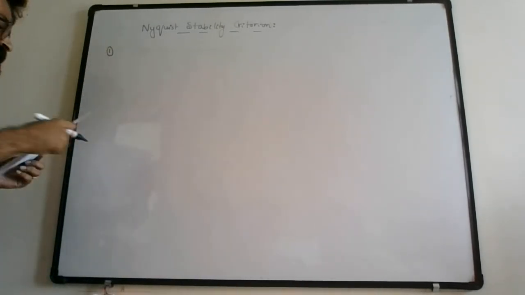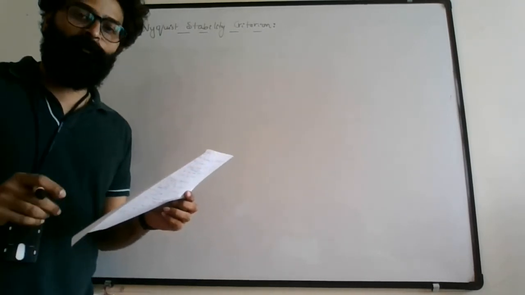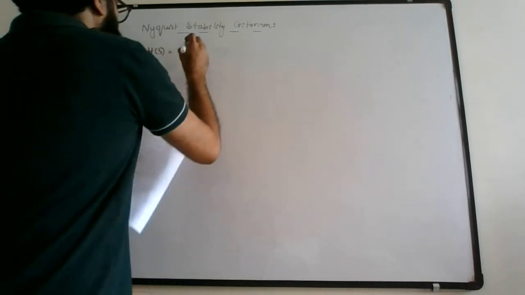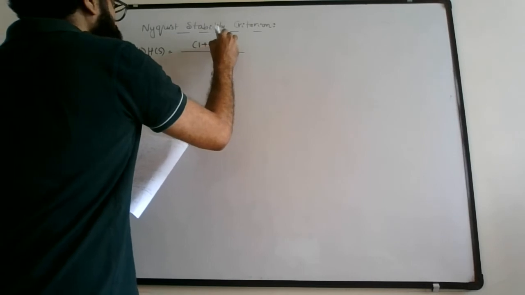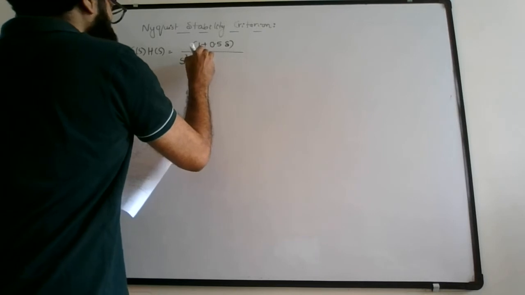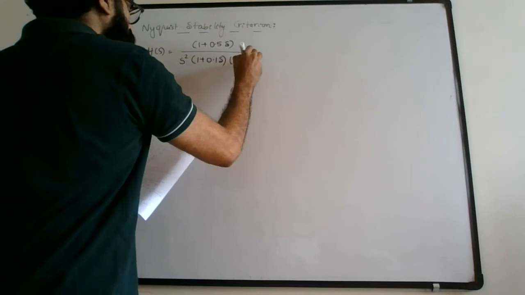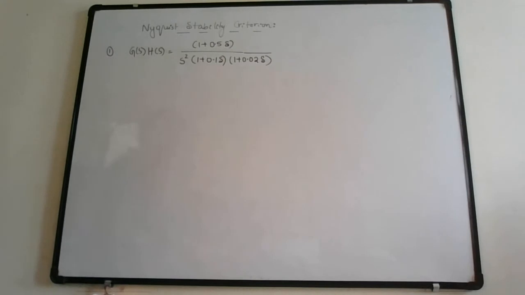Write down: for the given open loop transfer function, comment on stability using the Nyquist stability criterion. G(s)H(s) is equal to 1 plus... Alright, so this is the problem.